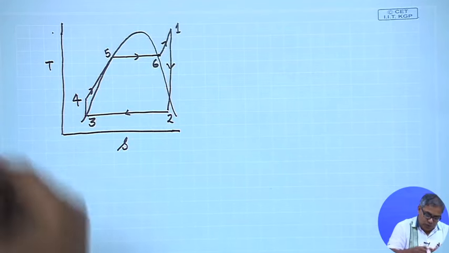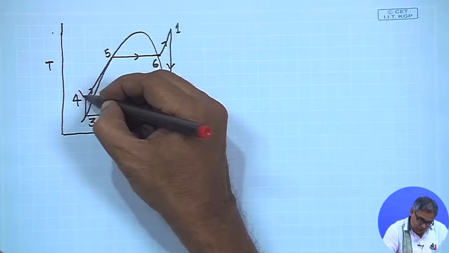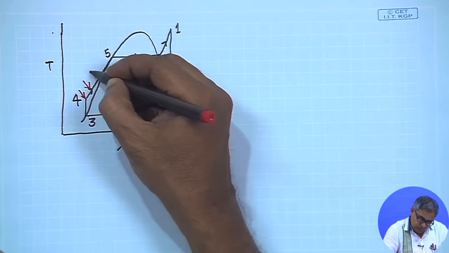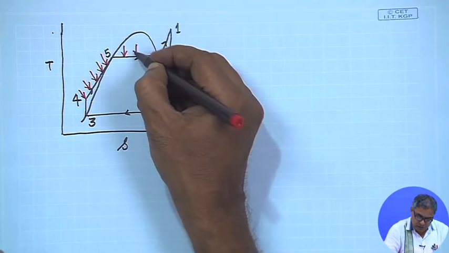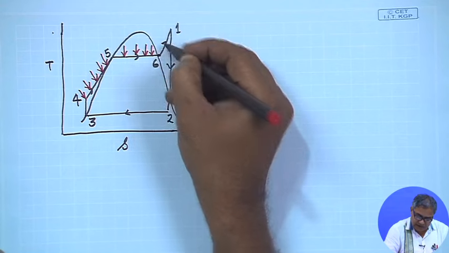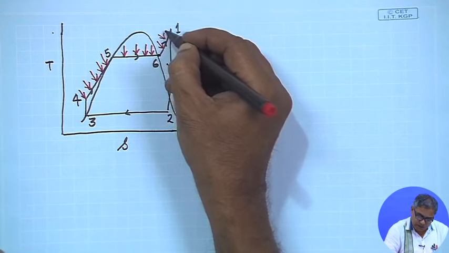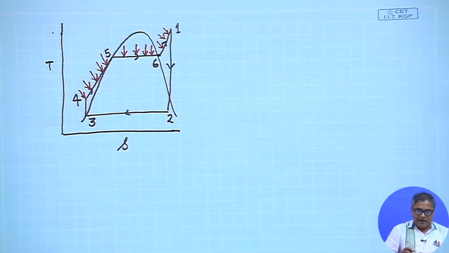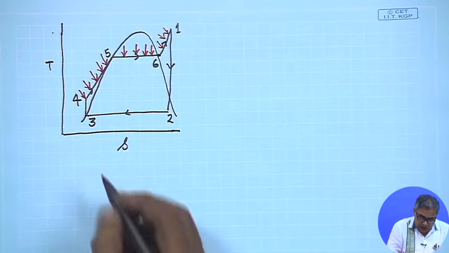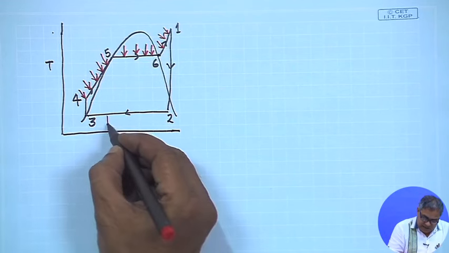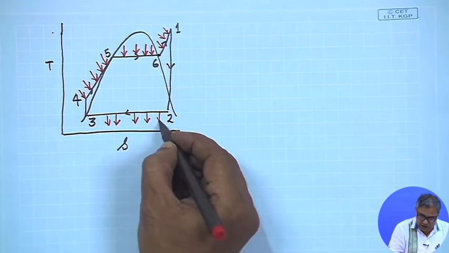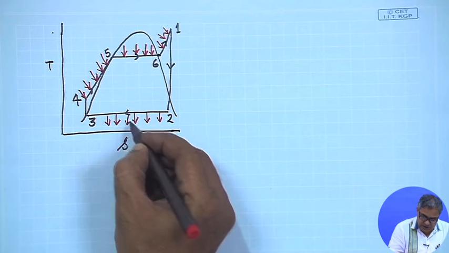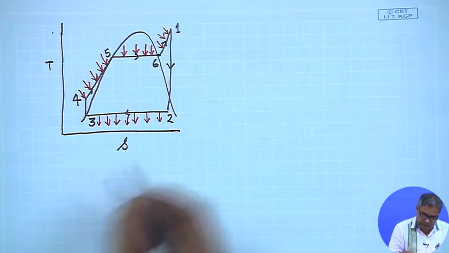So, what we can show now is the heat addition to the Rankine cycle in the boiler. This is the heat rejection by the Rankine cycle to the cooling water in the condenser.